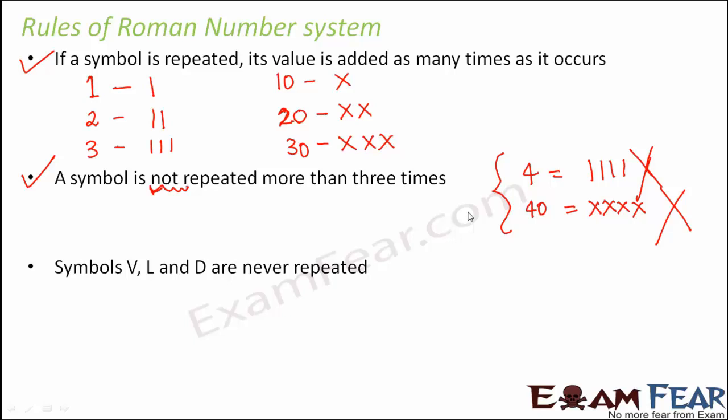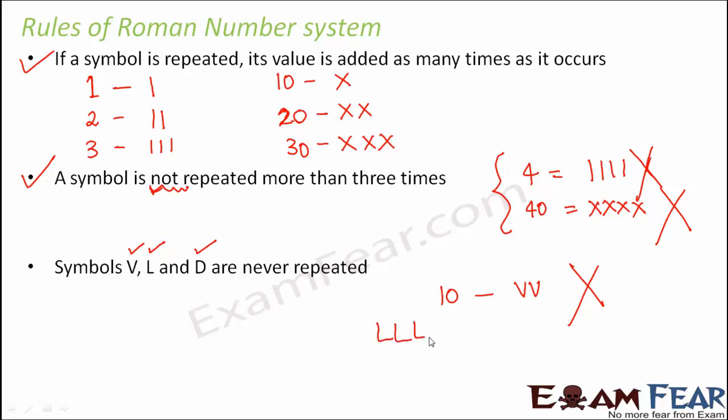Now, is it that all symbols can be repeated? No. There we also have certain limitations. For example, if you want to write 10, can you write 10 as VV? Because this is 5, this is 5, and 5 plus 5 is 10. We cannot write this because these symbols V, L and D can never be repeated.